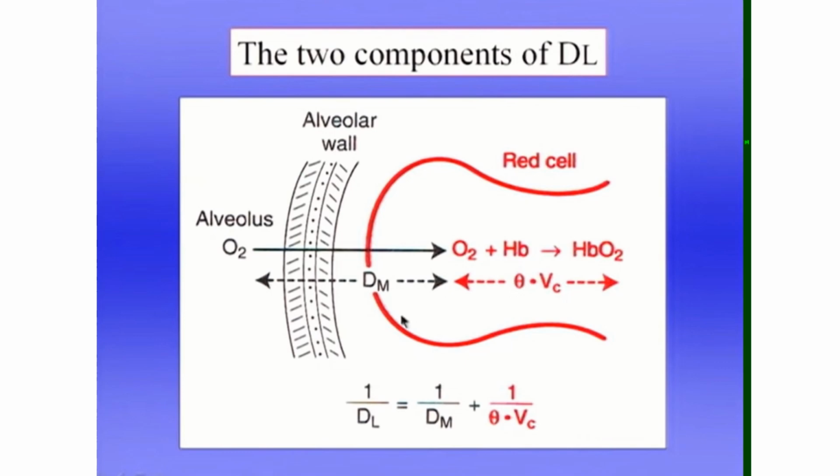That last bit is a little bit complicated, and maybe it's not important to be able to trot it all out, but I think it is important to recognize that there are two factors in the diffusing capacity for carbon monoxide. One is the physical process of diffusion, and the other is the rate of reaction, and that the volume of blood in the pulmonary capillaries is a significant factor, and that we can also exploit the fact that we can alter the rate.